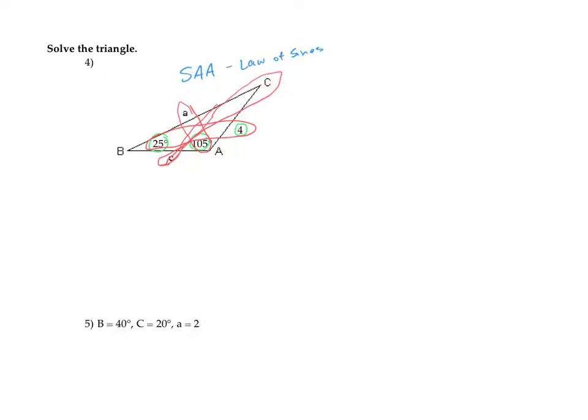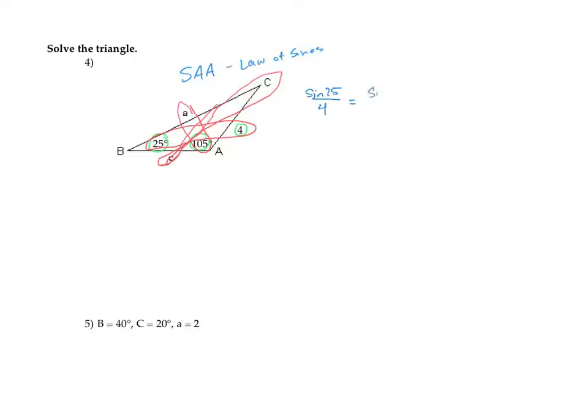Since I've got 25 degrees in 4 and 105 degrees in A, that pair of sides and angles will give me a law of sines equation with only one unknown. I can set it up as sine of 25 over 4. Remember, law of sines takes the ratio of the sine of an angle and its opposite side, and it's constant for all three pairs.